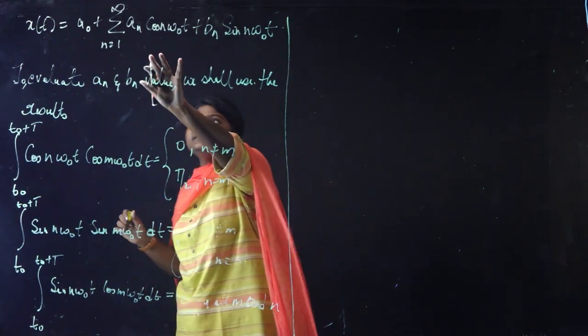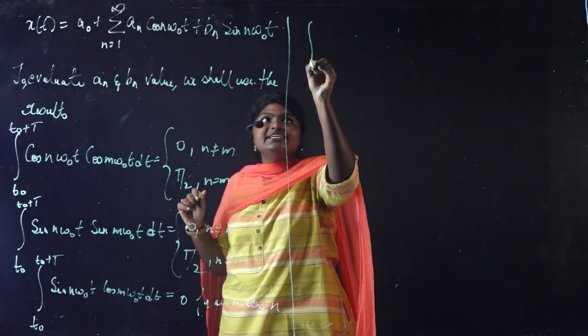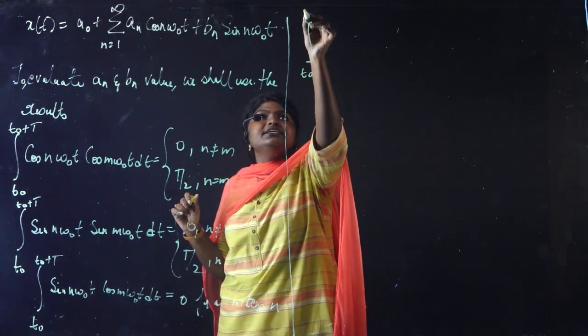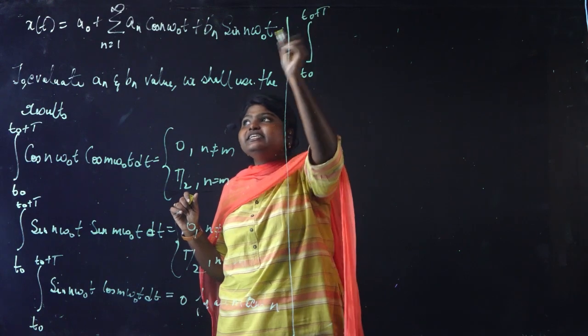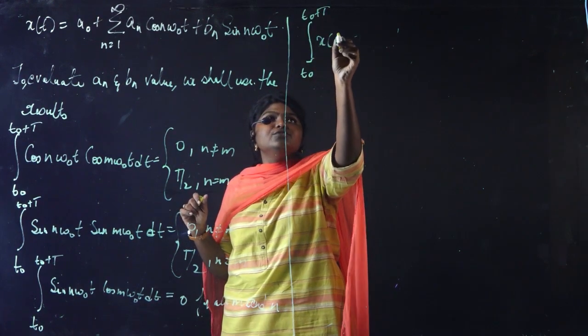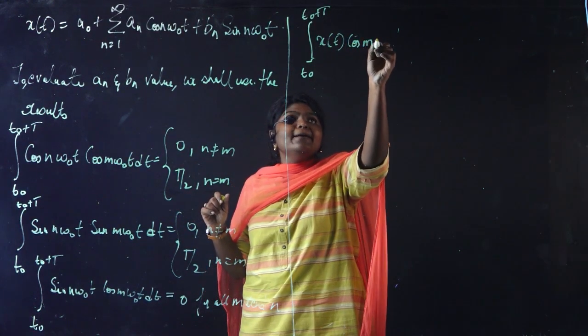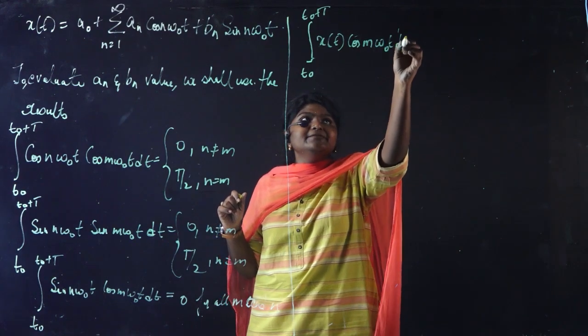So this is the expansion, and we will integrate in a period T naught to T naught plus T, x of t into cos m omega naught t dt.